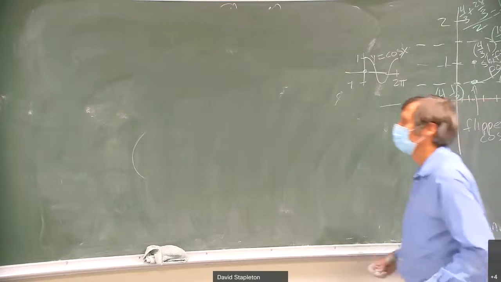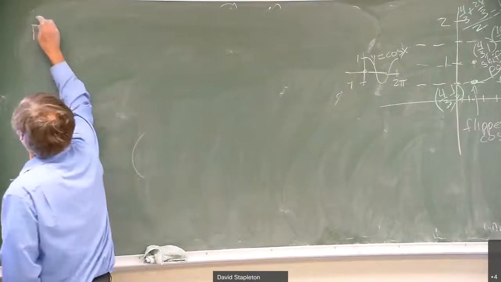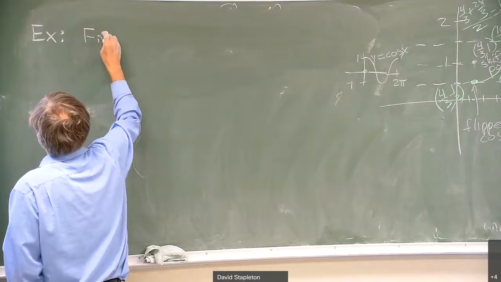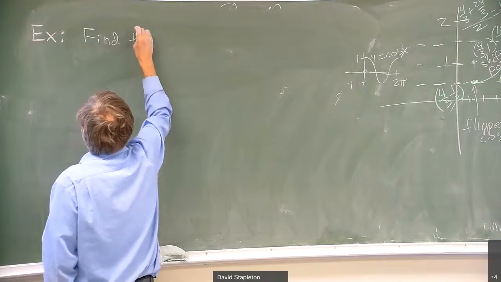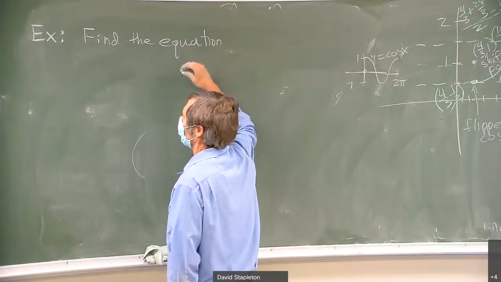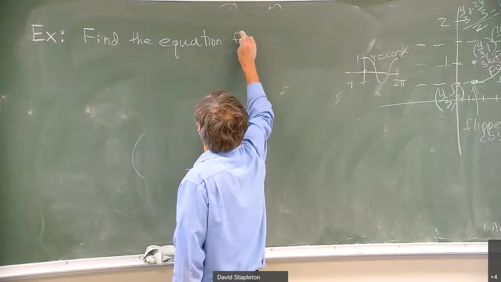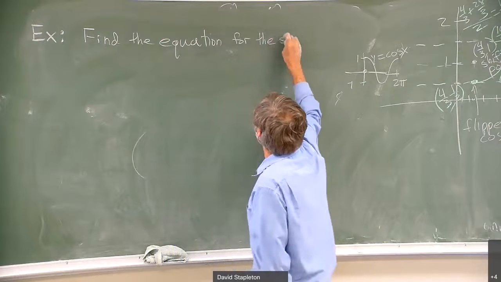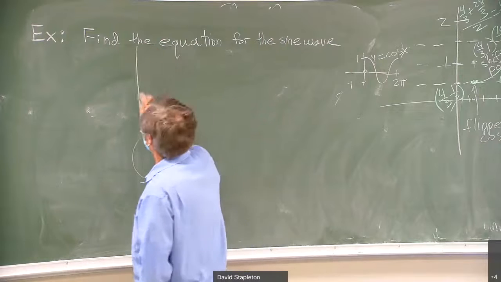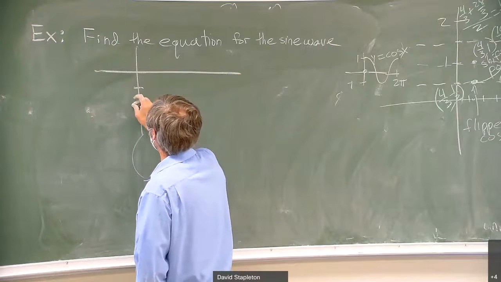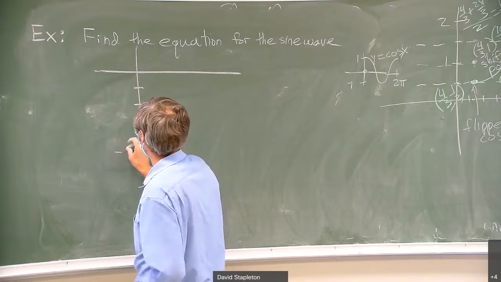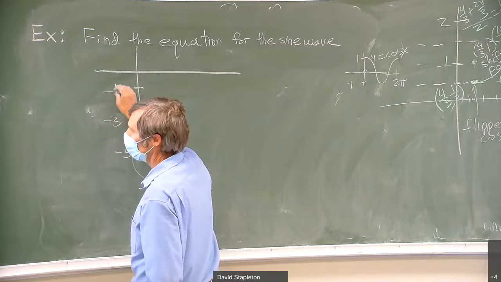All right, so let's do that example. I'll try and recreate that sketch a little bit. Find the equation for the sine wave, for which you can use either sine or cosine, and there's an infinite number of shift points you can use on either. And here it is, hopefully. -1, 2, 3, 4, 5.